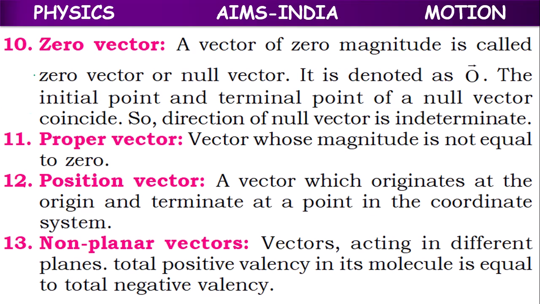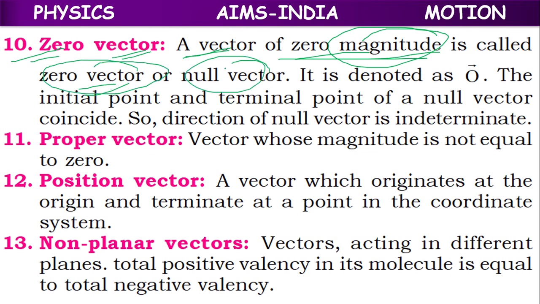Next one, we have zero vector. Zero vector means a vector whose magnitude is zero; it is also called null vector. It is denoted by O bar. The vector starts from the initial point and ends at the terminal point.